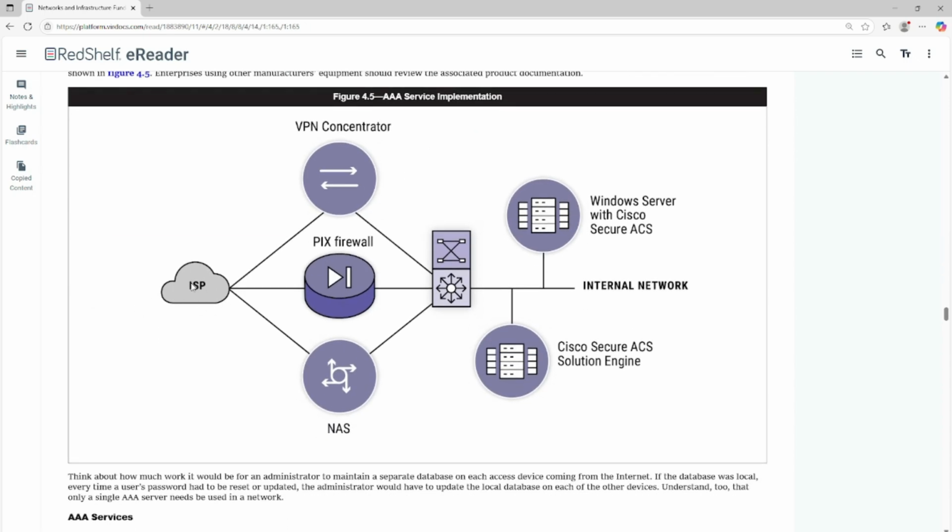Let's say this is Verizon, and you've got a VPN that tunnels through. You've got a network attached storage, NAS. You've got other components as a control service. You've got the modem, that's the internal network, and that's the firewall, right?